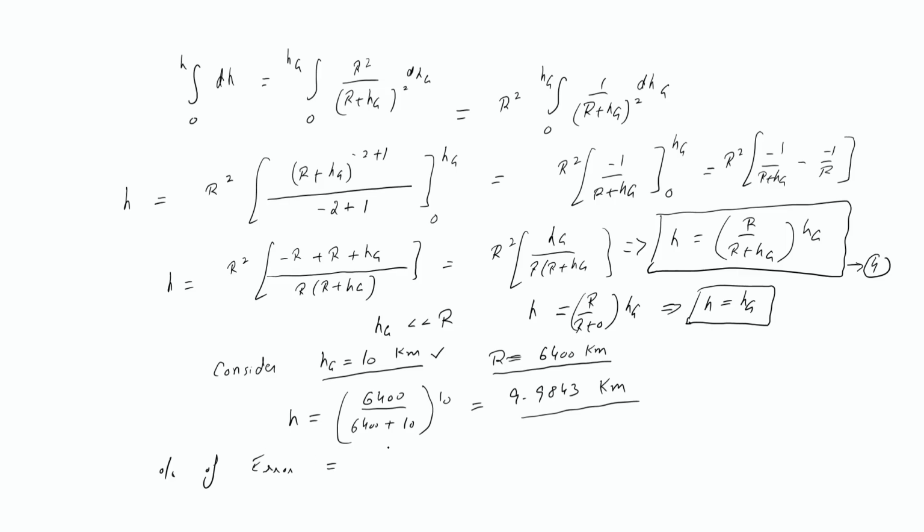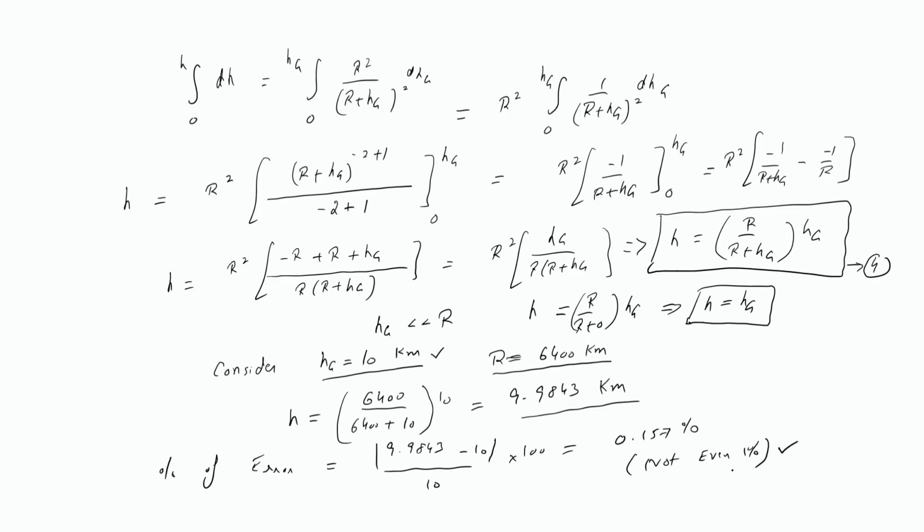So let me write here (9.9843 minus 10) by 10. Of course, you have to take the absolute value of this to find the percentage of error. So the percentage of error is 0.157. So it is not even 1%. So this is mostly equal to the geometric altitude.